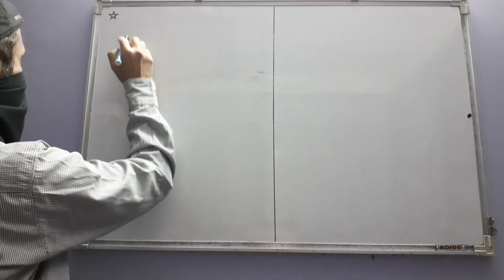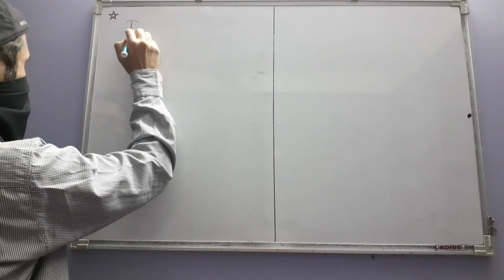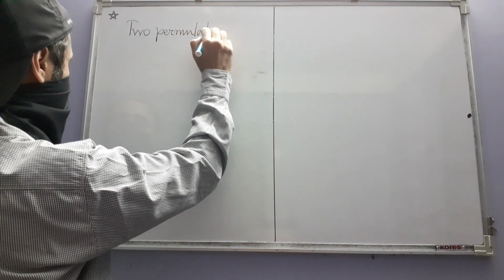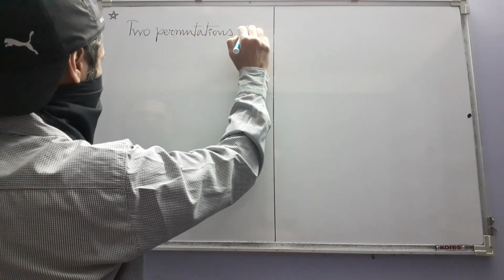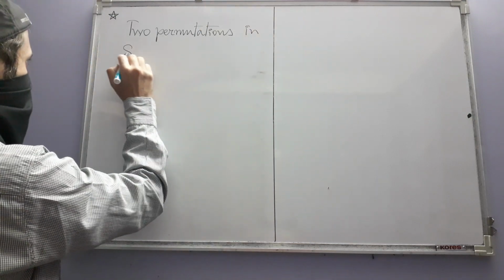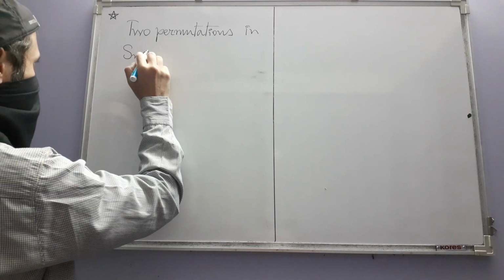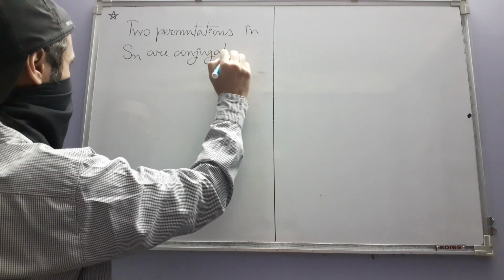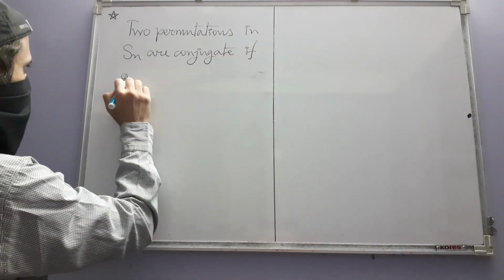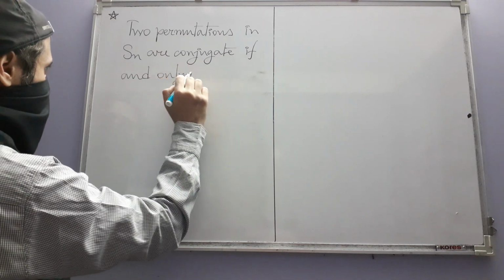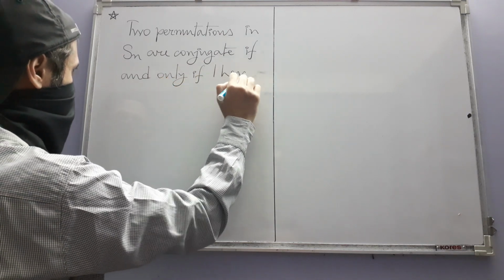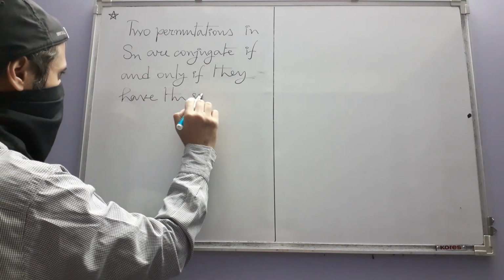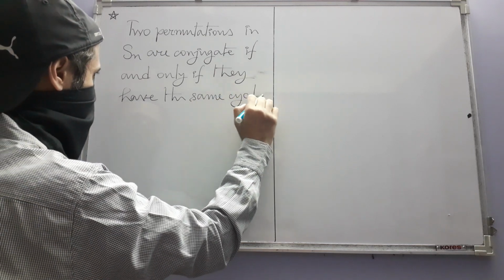We proved that two permutations in Sn, the symmetric group of degree n, are conjugate if and only if they have the same cycle structure.